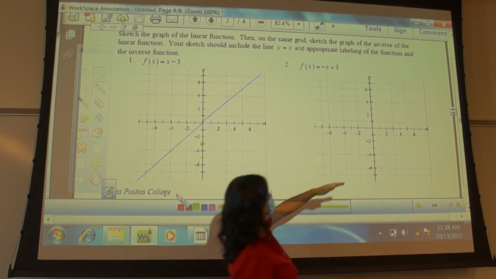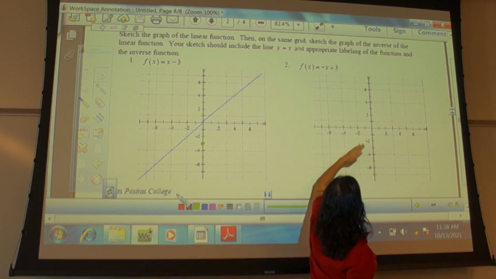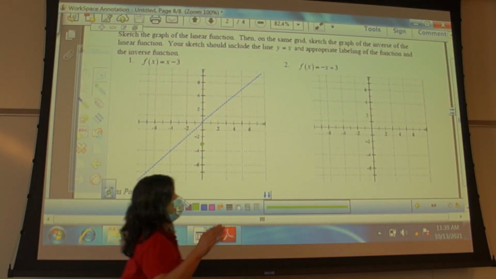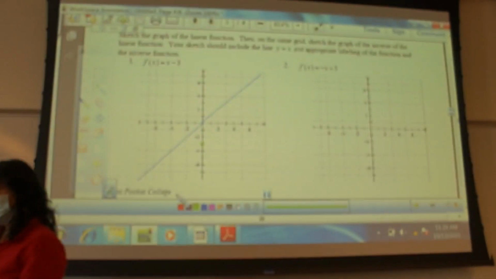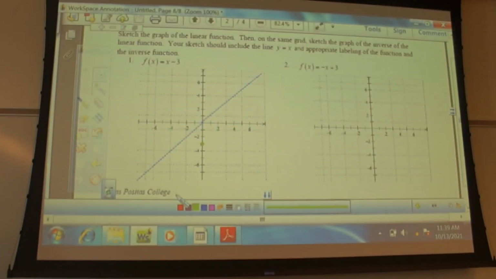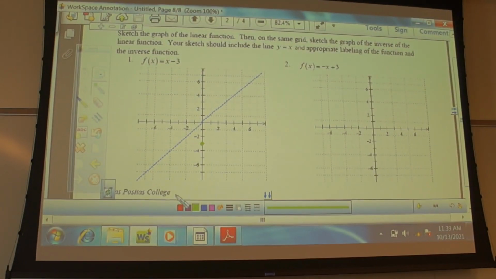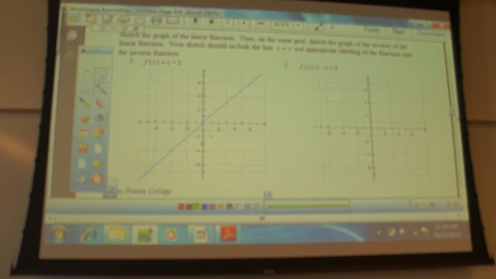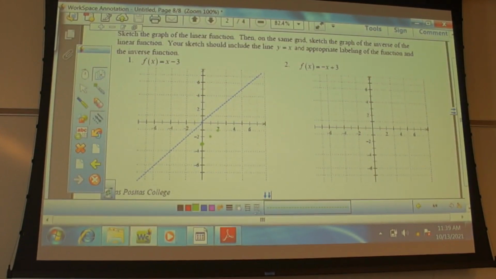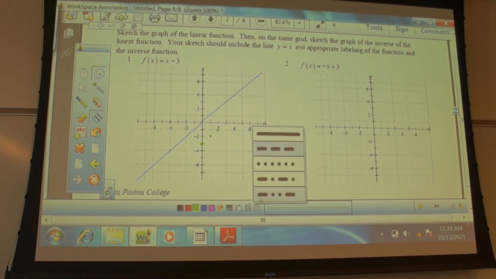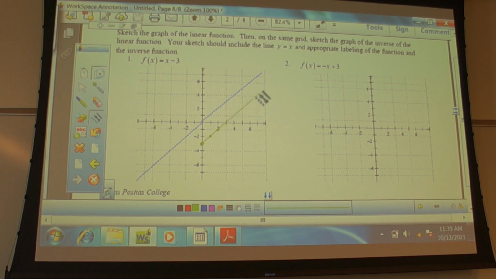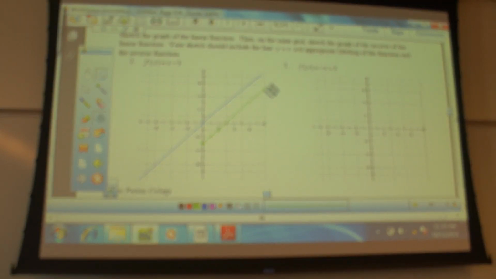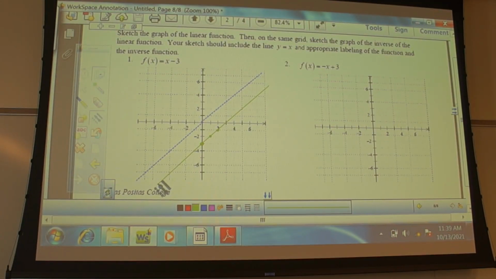So after you've drawn in the function and you've drawn in your dotted line, then don't forget to reflect it across the other line. I think so far, everybody has gotten as far as that.